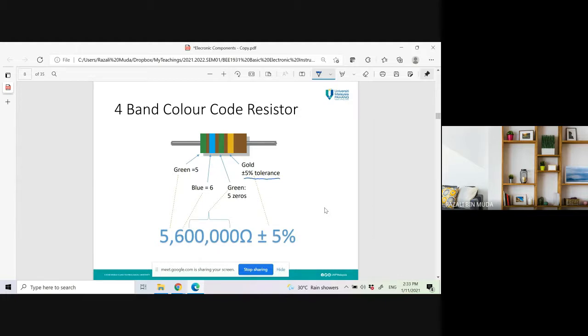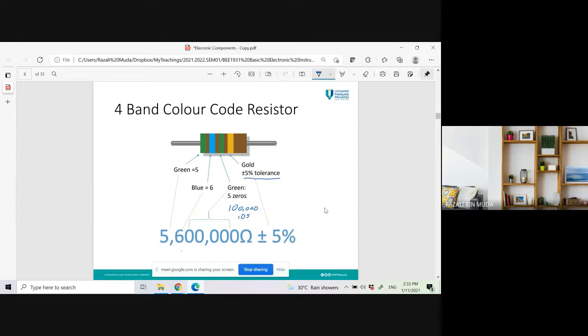Green is 5 zeros, 10 to the power of 5 is 100,000, right? Okay, so 10 to the power of 5. So 5, 6 multiplied by 10 to the power of 5, you get 5.6 mega ohm. 5.6 10 to the power of 6.